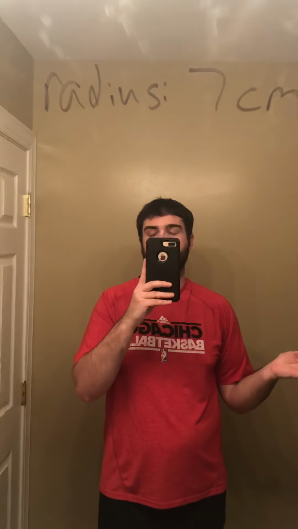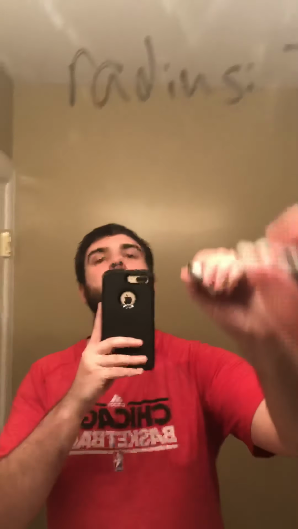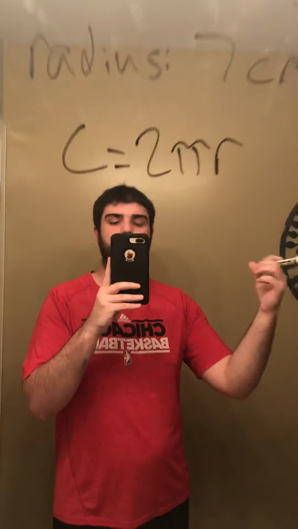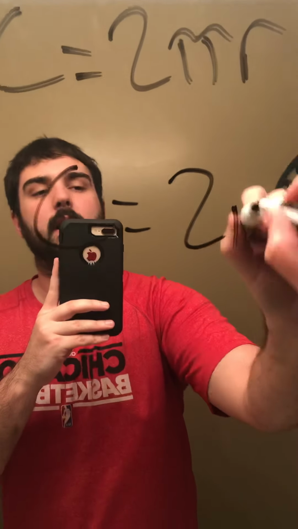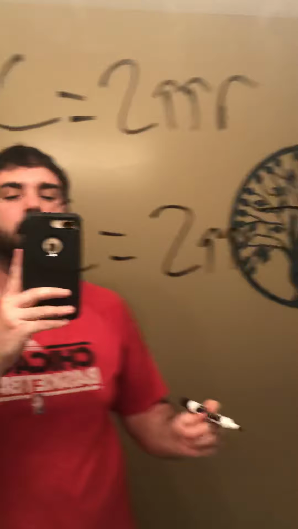So you want to use the one formula, 2 pi r, since you know your radius. You do not know your diameter, but you know your radius. So your circumference equals 2 pi r. Since your radius is 7, sub that into r. So you have circumference equals 2 pi times 7.